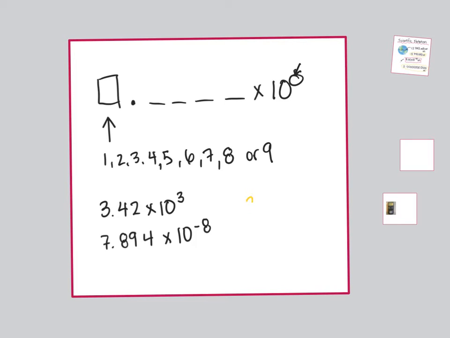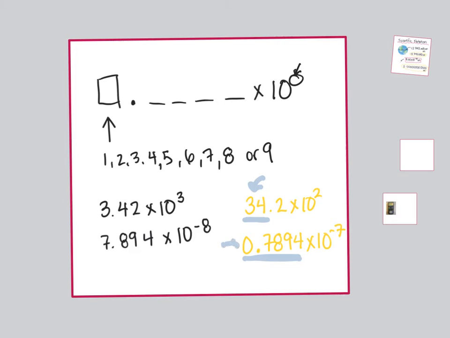So what about not in scientific notation? Not in scientific notation would be 34.2 times 10 to the second, or 0.7894 times 10 to the negative seventh. Those are both not in scientific notation. Notice in these two numbers, you don't have a number between 1 and 9 to start with.